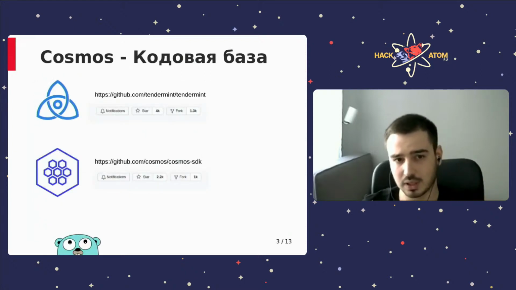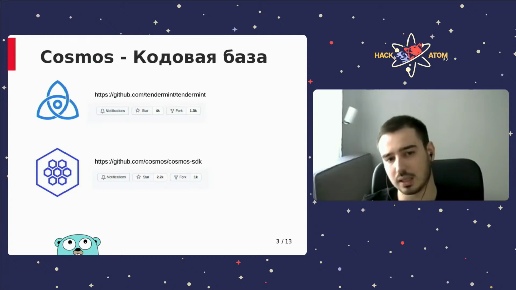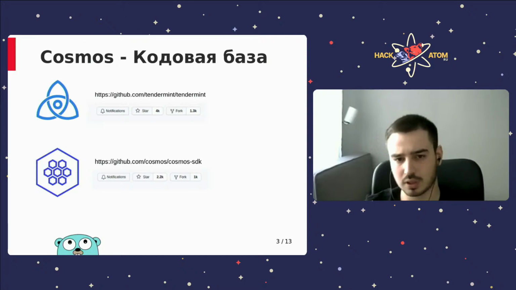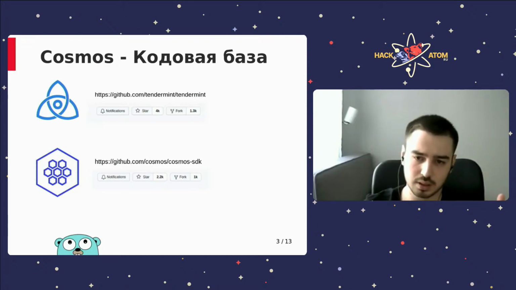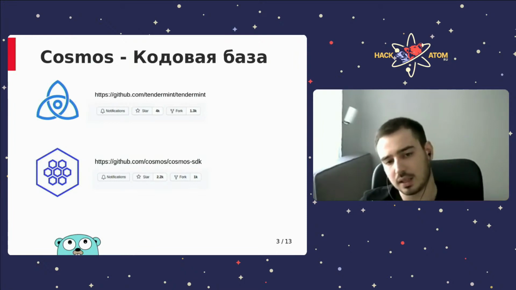Now, a few words about Cosmos proper. I've identified two key elements, the code base. First is Tendermint. Tendermint is kind of an engine to reach consensus. It's not just used in Cosmos, but also in other projects, as well as Cosmos SDK, that's number two.